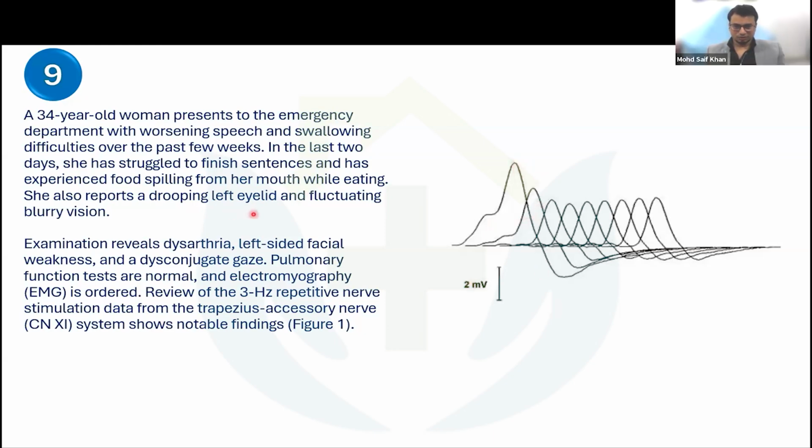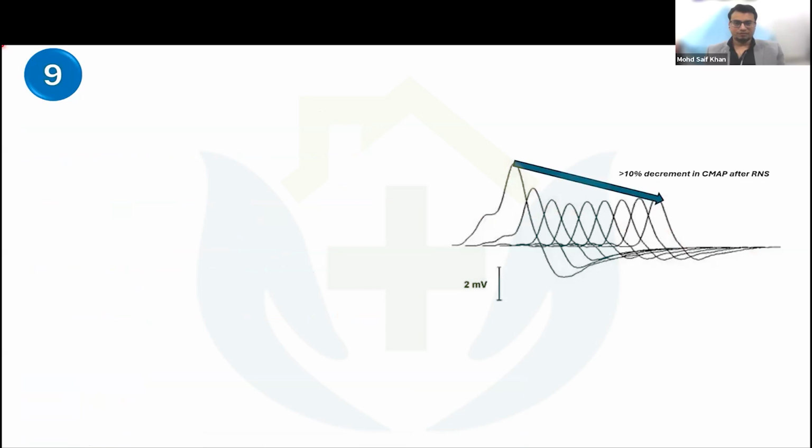Because of the history. And if you look at the EMG, there is a decrement after repeated stimulation, a decrement in the amplitude. This is very pathognomonic of myasthenia gravis. Even in Lambert-Eaton myasthenic syndrome you will get the same kind of decrement.